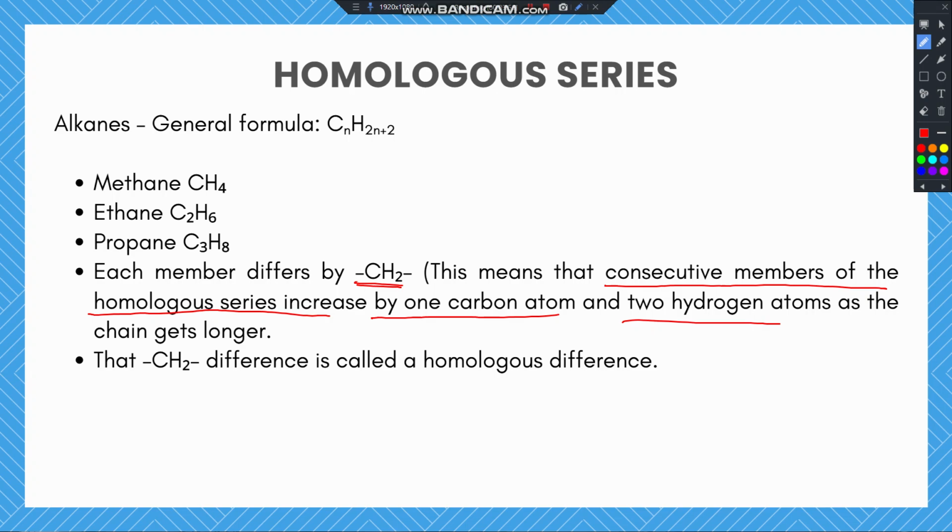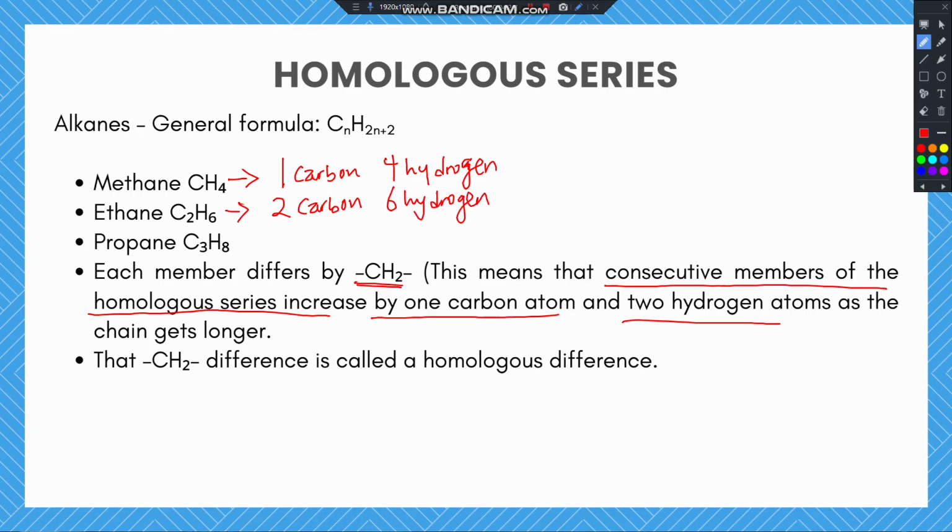Look at the first compound, which is methane. We have one carbon atom and four hydrogen atoms. The next member that comes immediately after methane is ethane. How many carbon atoms do we have? We have two carbon atoms and six hydrogen atoms.